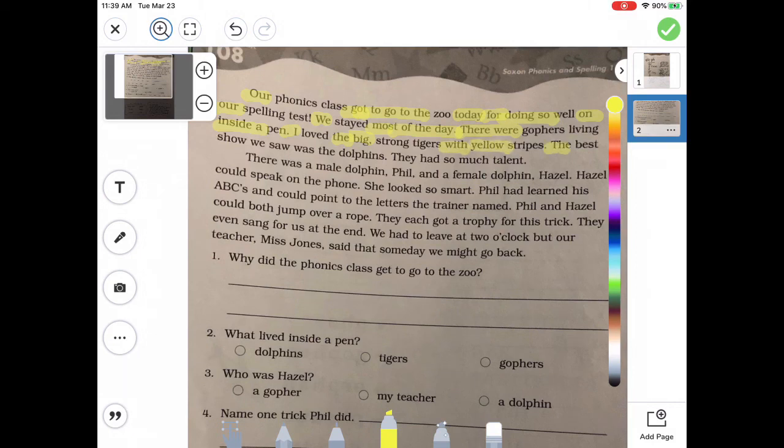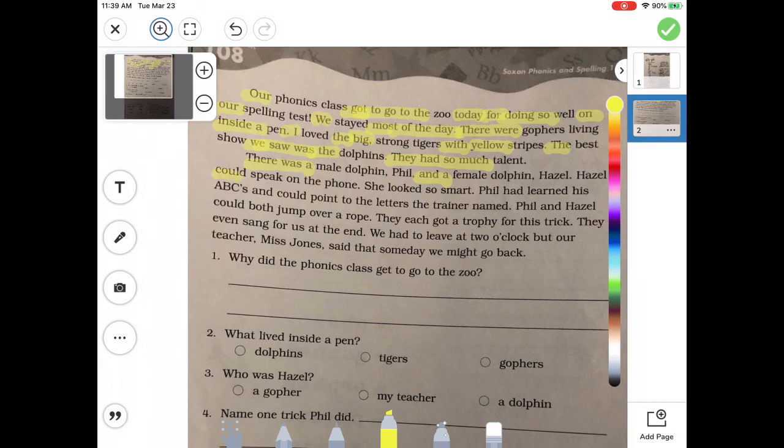The best show we saw was the dolphins. They had so much talent. There was a male dolphin, Phil, and a female dolphin, Hazel.